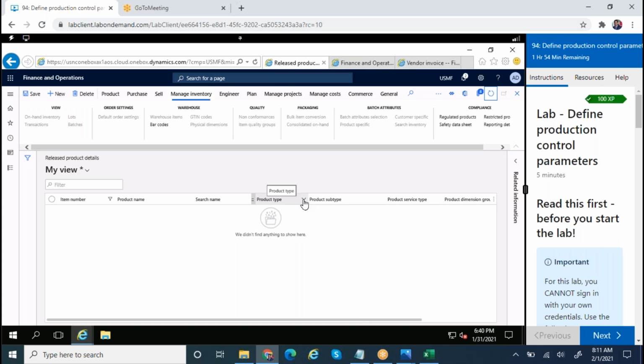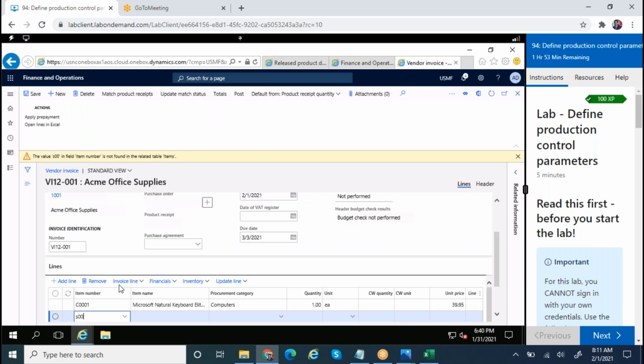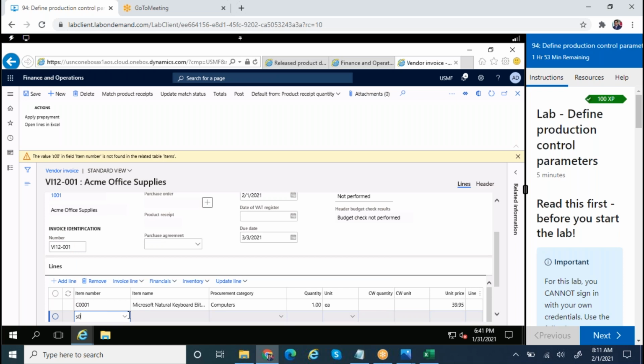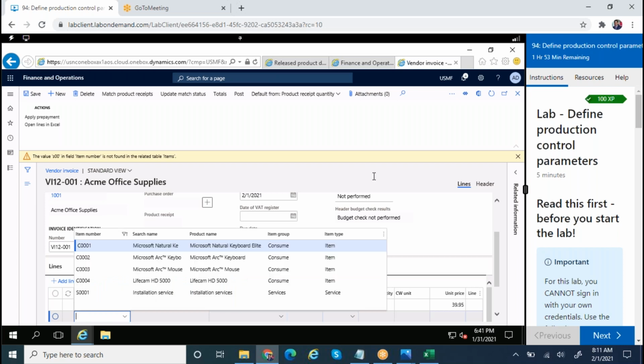This is not a complete solution, but I will give you a workaround. So S0021. Okay, it is not here.